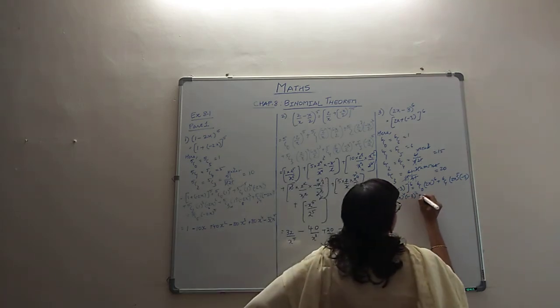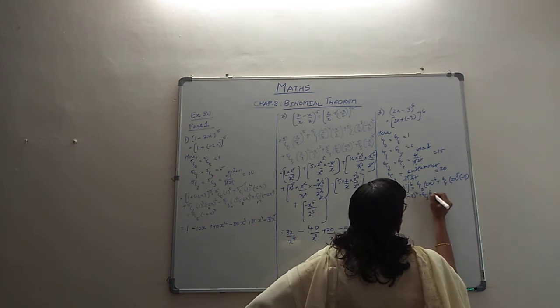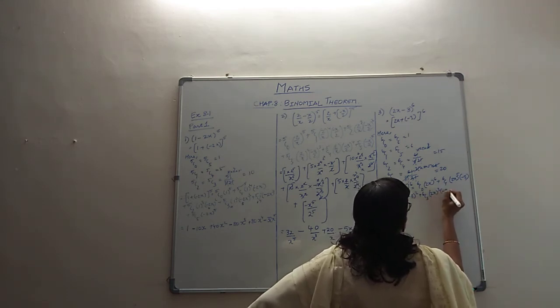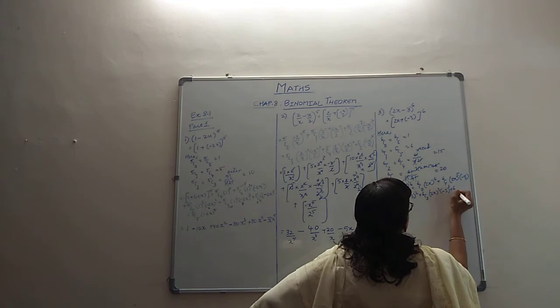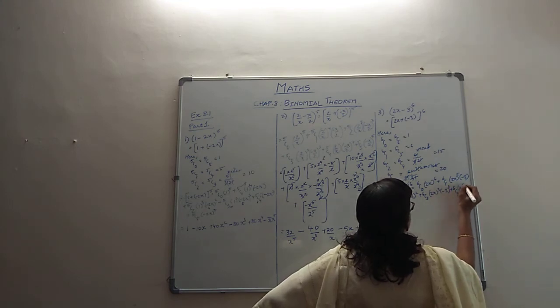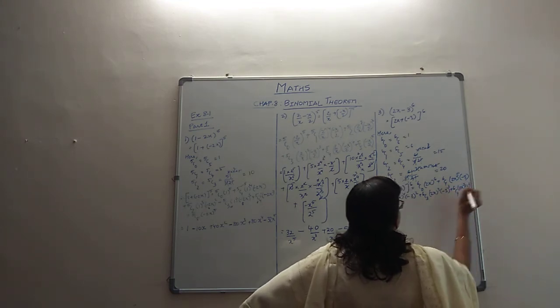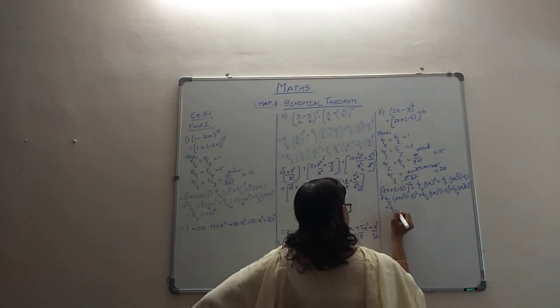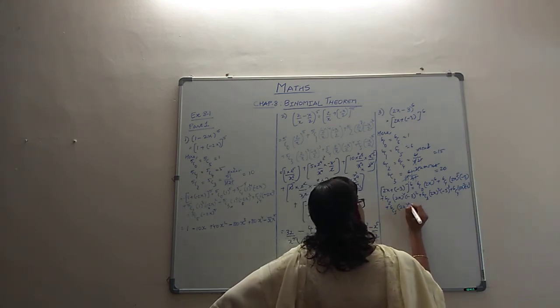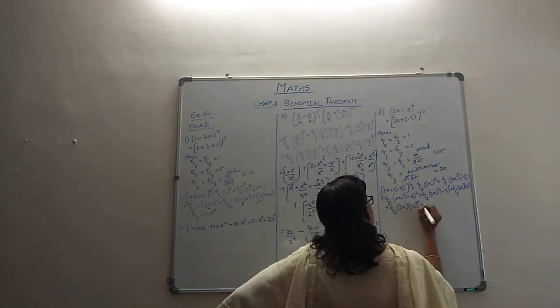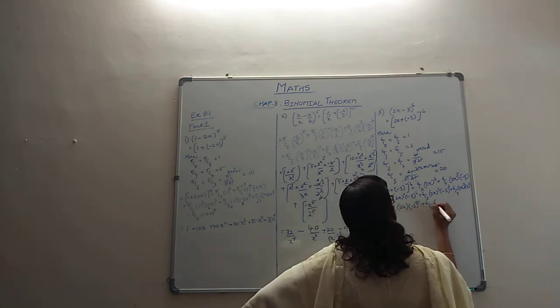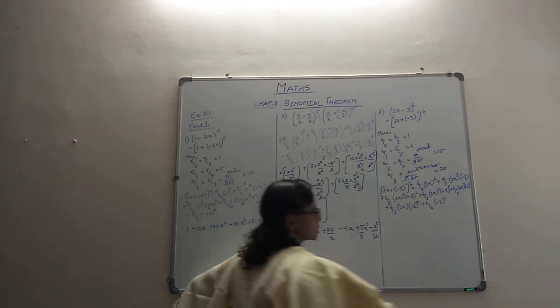Then 6c3, 2x raised to 3, minus 3 raised to 3. 6c4, 2x raised to 2, minus 3 raised to 4. 6c5, 2x, minus 3 raised to 5. 6c6, minus 3 raised to 6.